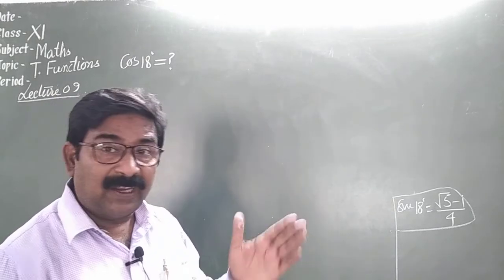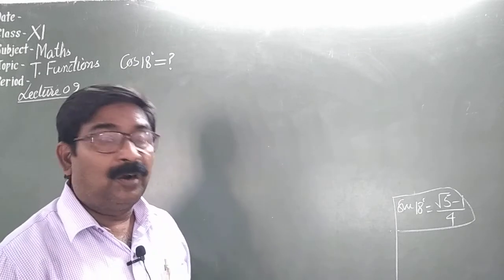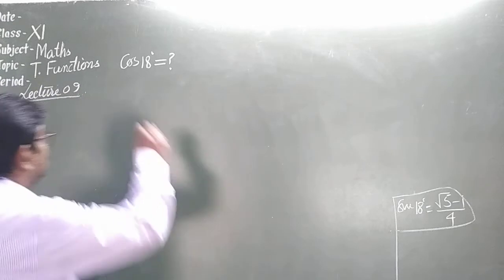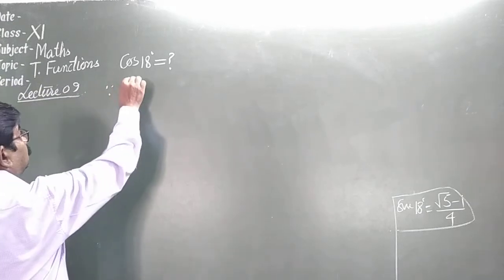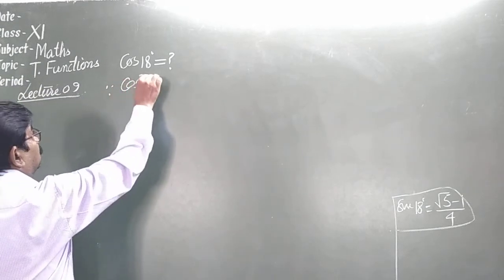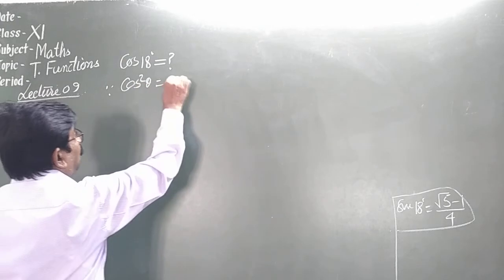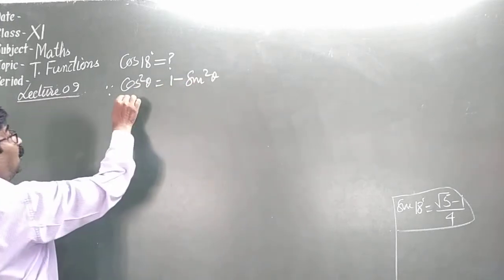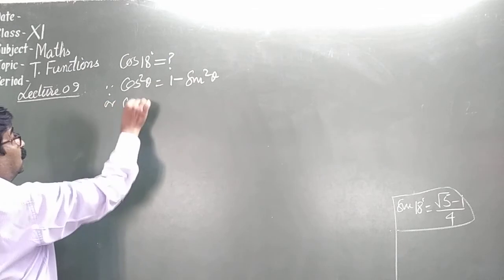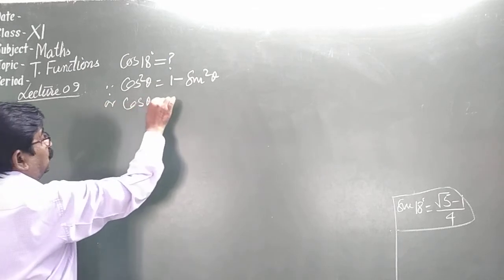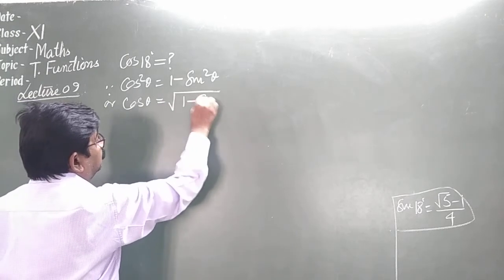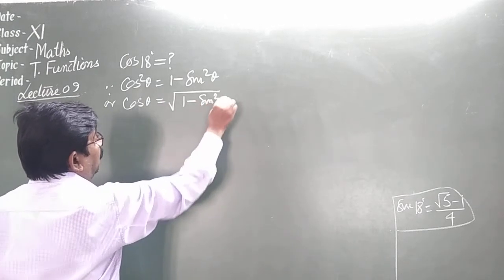Cos can be converted into sin. Since cos square theta is equal to 1 minus sin square theta, cos theta is equal to under root 1 minus sin square theta.